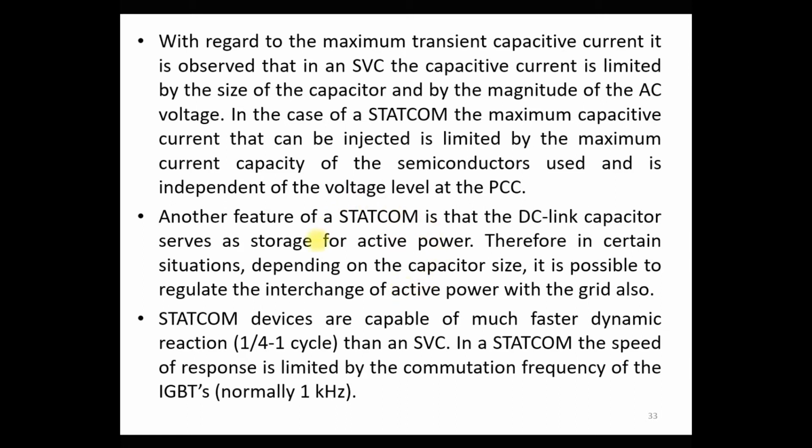So we generate the STATCOM output voltage in such a way that its angle lags somewhat behind the power system bus voltage, so that some active power flows from the system to the STATCOM, and that charges the DC capacitor to the required level. So in the STATCOM, it is possible to interchange active power also, whereas it is not possible in the case of the SVC.